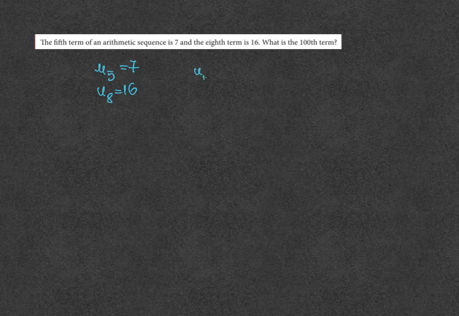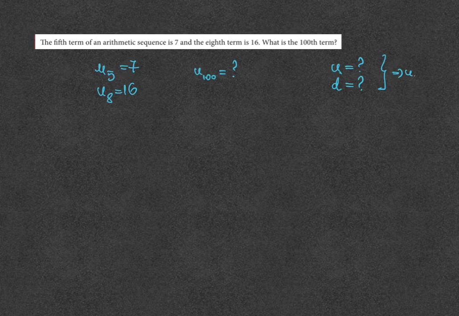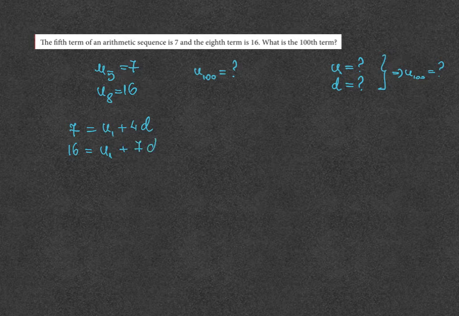What is the 100th term? My idea is that if I know u1 and d, then I can find u100. That's my plan. I can approach it in two ways, either using the formula: u5 is u1 plus 4d, u8 is u1 plus 7d.